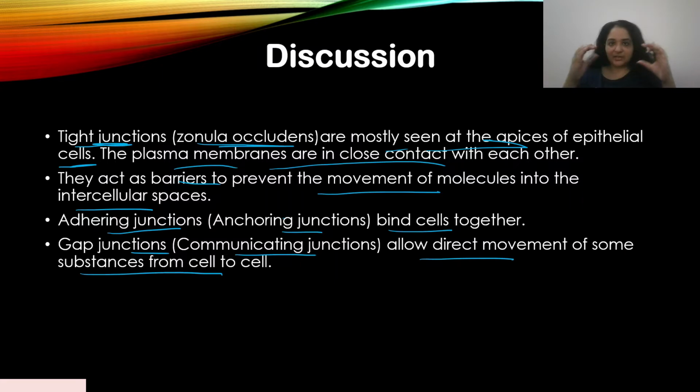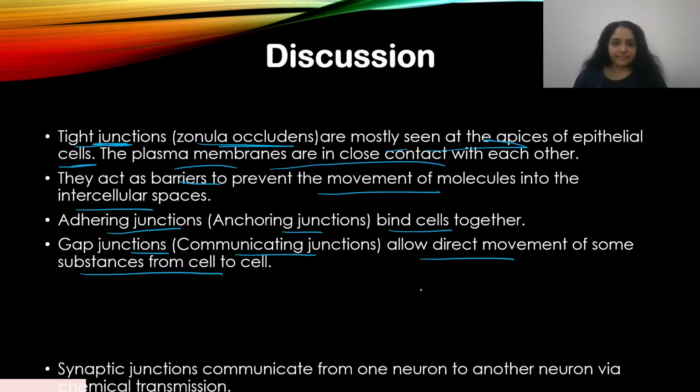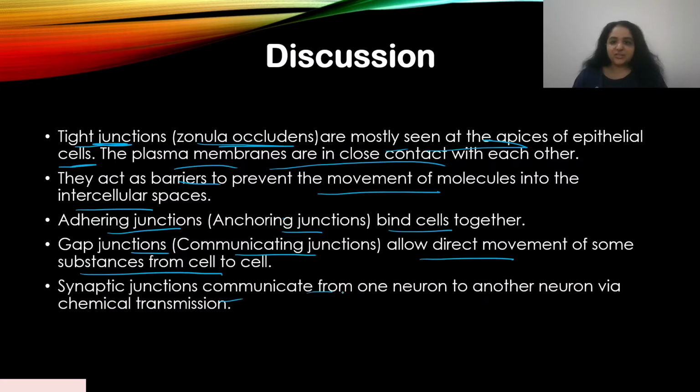But there is a connection that is made which allows movement of some particles across the cells. And synaptic junctions communicate from one neuron to another neuron via chemical transmission. So synaptic junctions you are well aware of. I'm sure I've already discussed them in neural control and coordination. So these are the four types of junctions that are found.